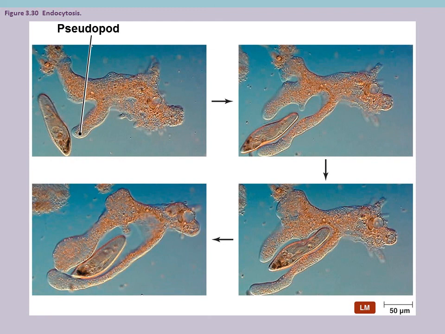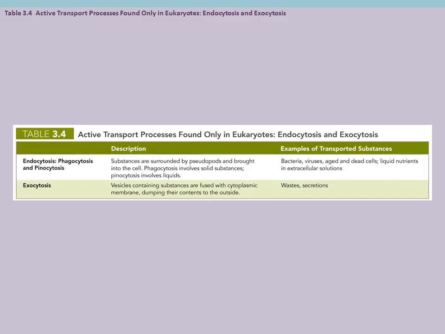Now in the lower right picture, it has almost completely engulfed that paramecium, and by the lower left, it is completely engulfed inside the amoeba, and that just became dinner. It's going to break it down and utilize anything from it as nutrients.